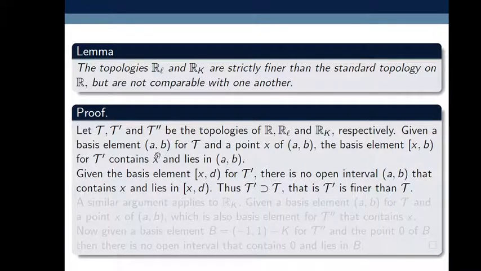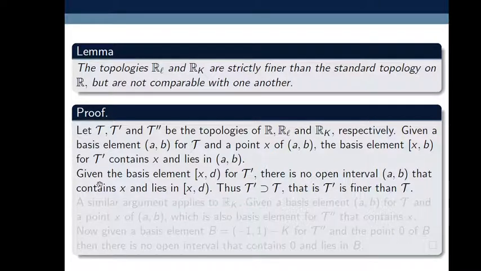So here we prove that the basis element of tau contains the basis element of tau dash. This implies tau is contained in tau dash. From this we can conclude further.